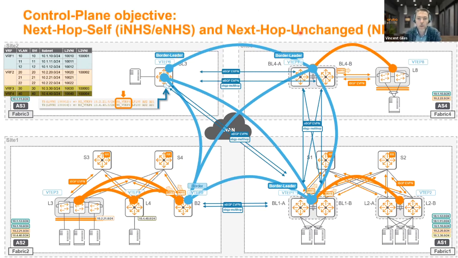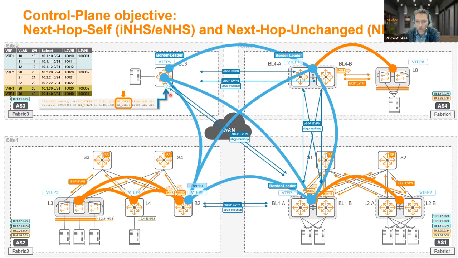So now, how are we going to do that, knowing that we have the new capability that we introduced for internal BGP inside the address family, which is next hop self. We also have the nominal behavior of BGP for external BGP peering, which is to replace the next hop with the next hop of the peer.